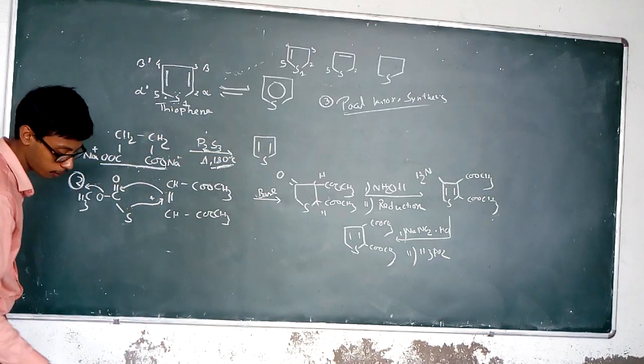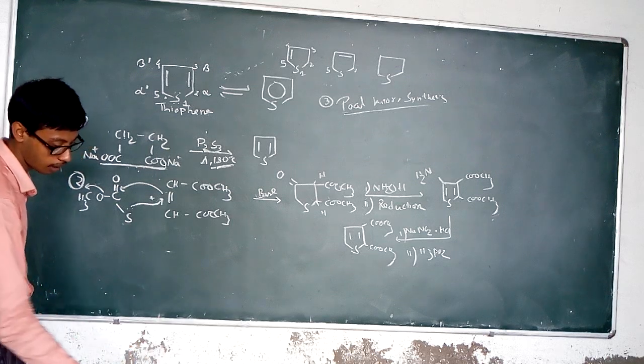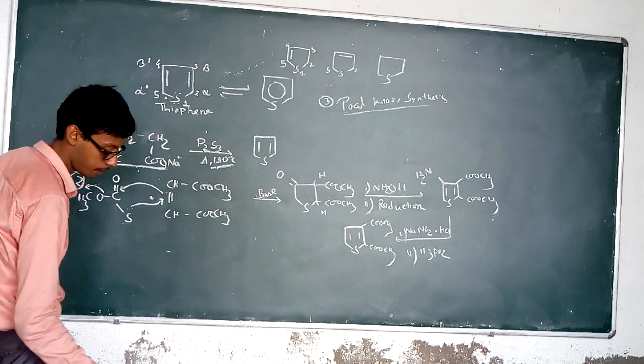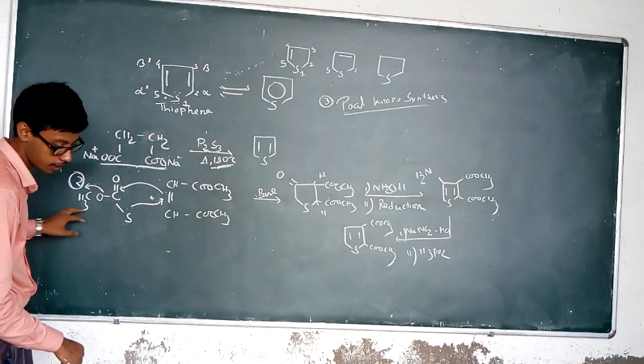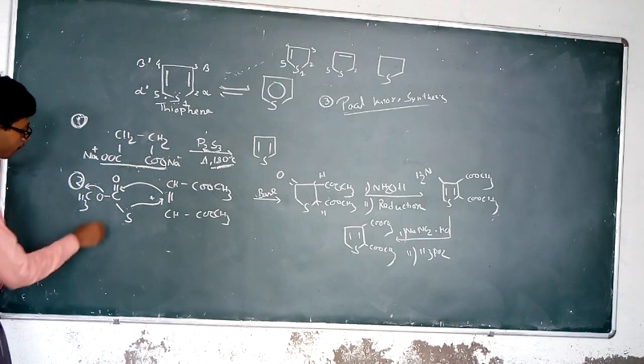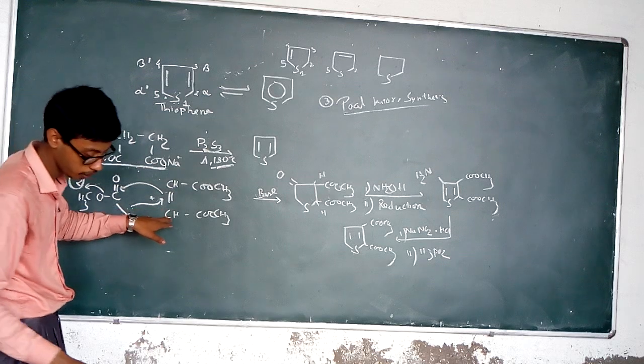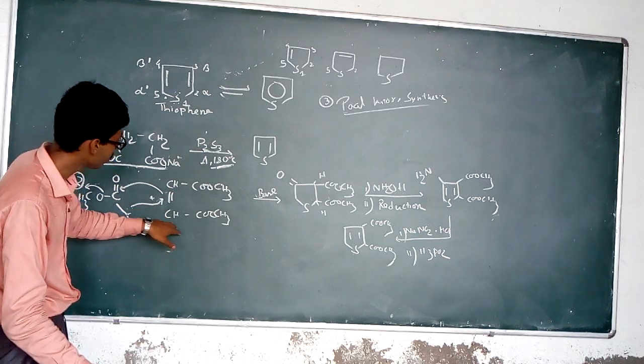In the second method, from an unsaturated compound, we first take methyl thioglycolate. This is the structure of methyl thioglycolate, containing a sulfur atom, and it is reacted with dimethyl fumarate.